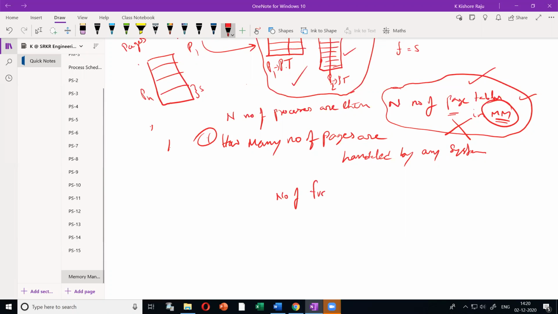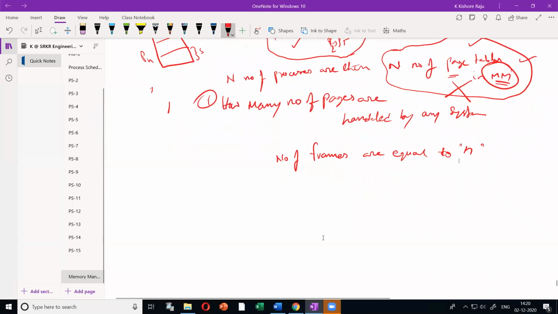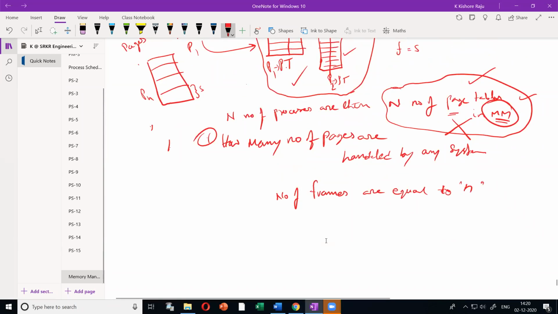The number of frames in the main memory, for example, is equal to small n. So how many pages can I handle? Exactly.